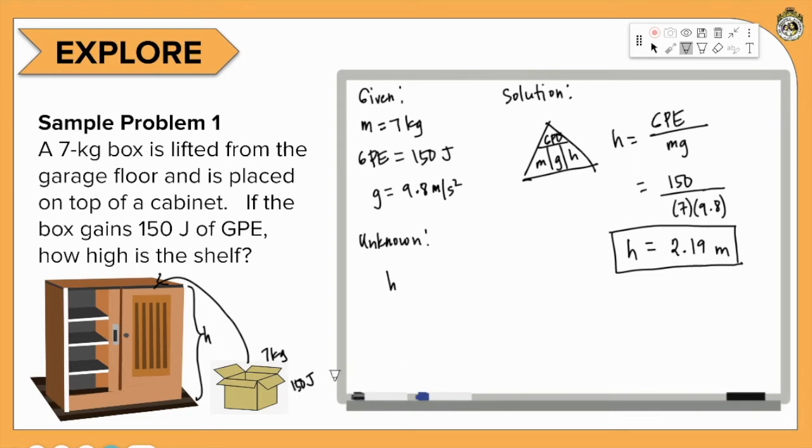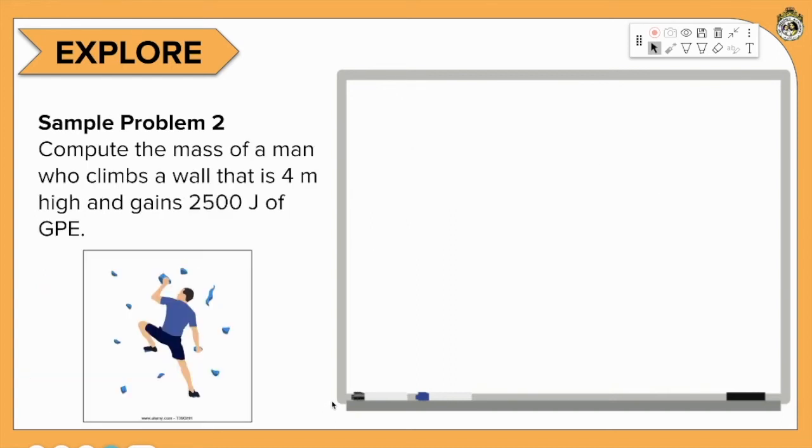Okay, so let me now move to sample problem number 2, the second and last sample problem for gravitational potential energy. This time, you are supposed to compute for the mass of a man who climbs a wall that is 4 meters high and gains 2,500 joules of gravitational potential energy. The problem is very much straightforward and simple.